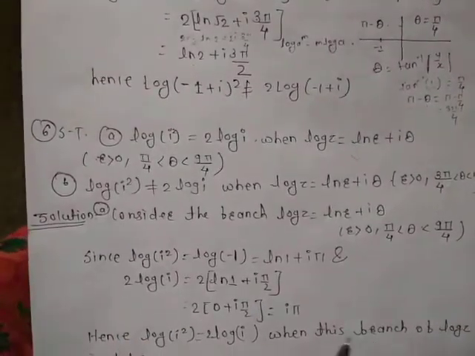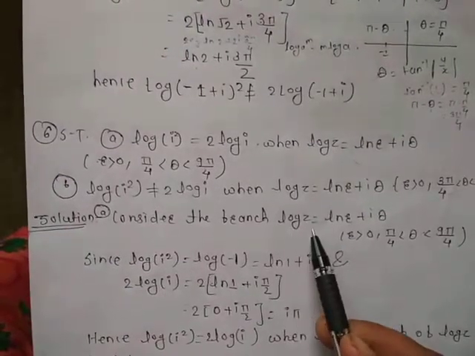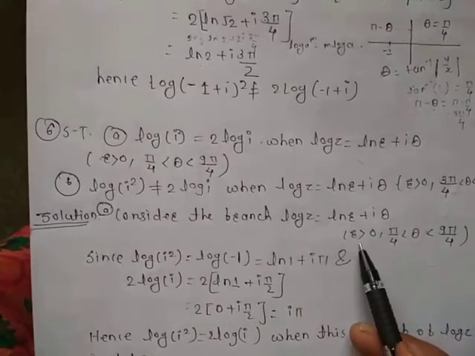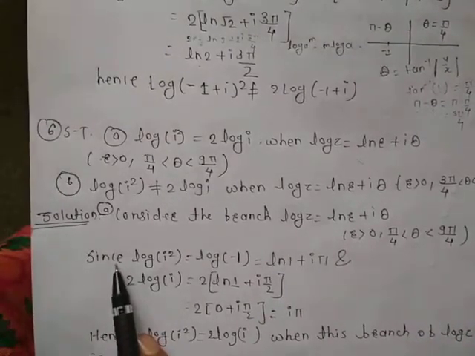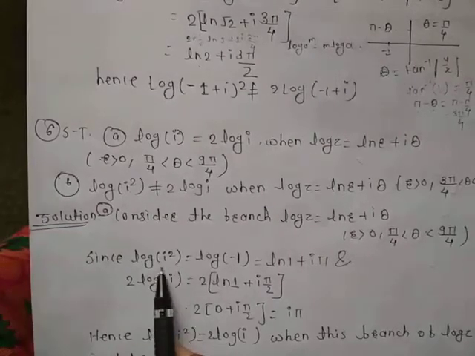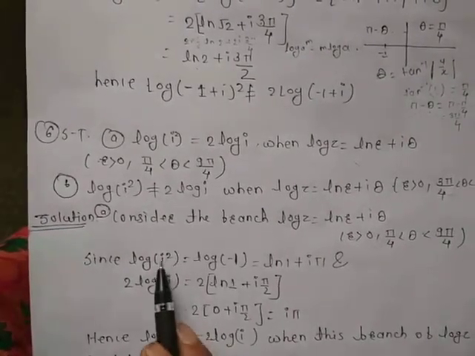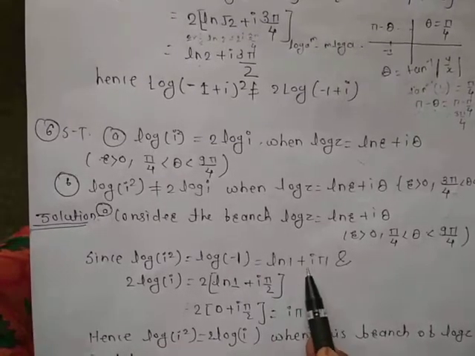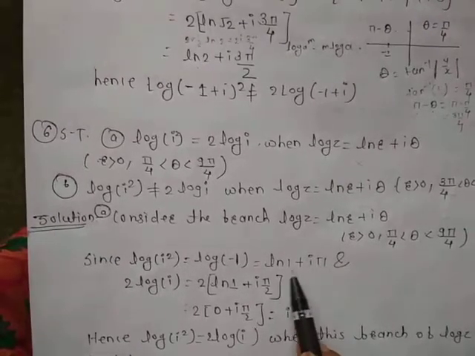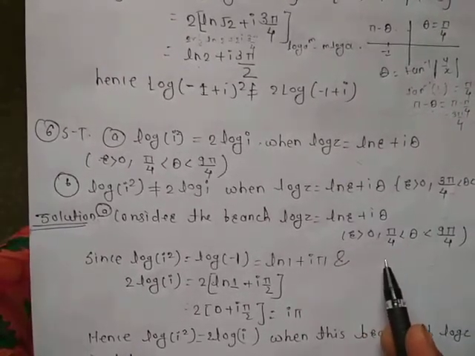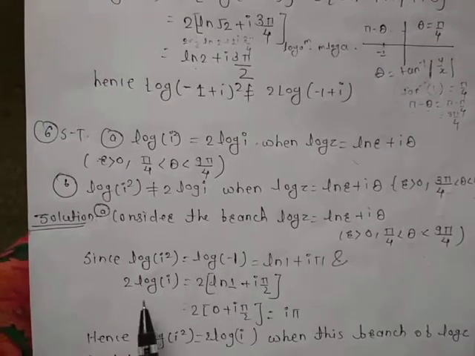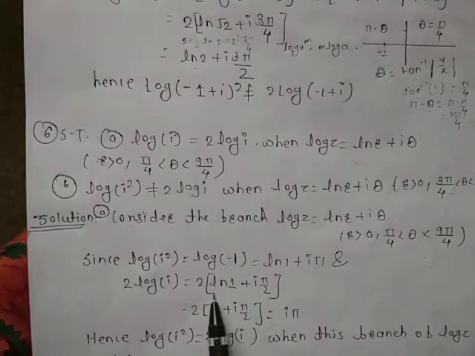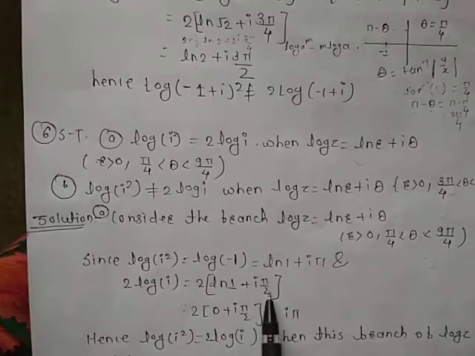Solution. Consider the branch log z is equal to ln r plus i into theta. Since i square is minus 1, log of i square is log of minus 1, which is equal to ln 1 plus i into pi. This is by using ln r plus i into theta. Okay, so 2 into log of i is equal to 2 into ln 1 plus i pi by 2.